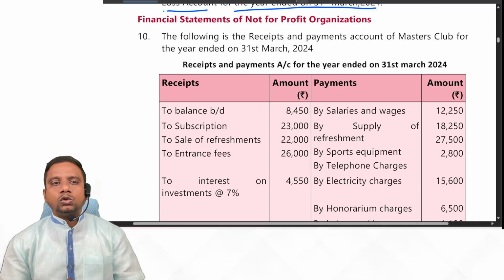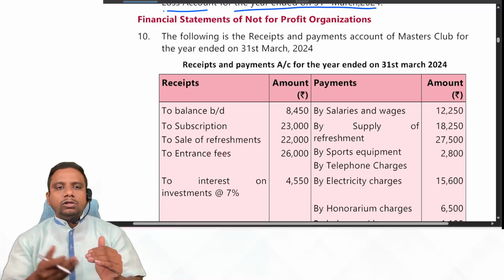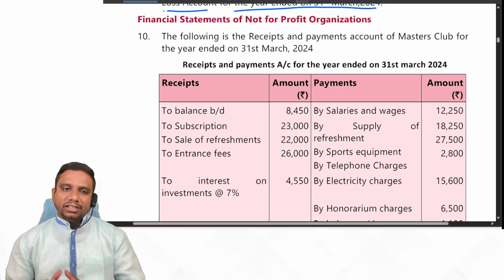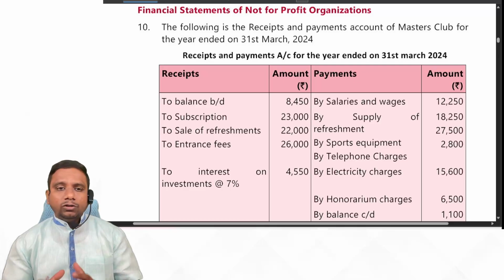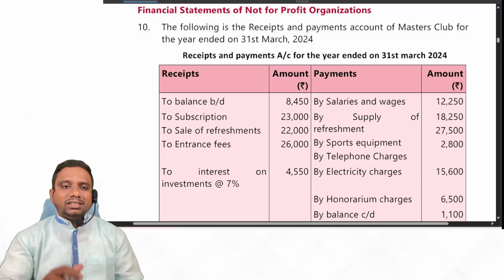Here they may ask two types of problems. One, they give you a receipts and payments account, and you will be asked to prepare the income and expenditure account and balance sheet. Or else they may give you the income and expenditure account and ask you to prepare the receipts and payments account.